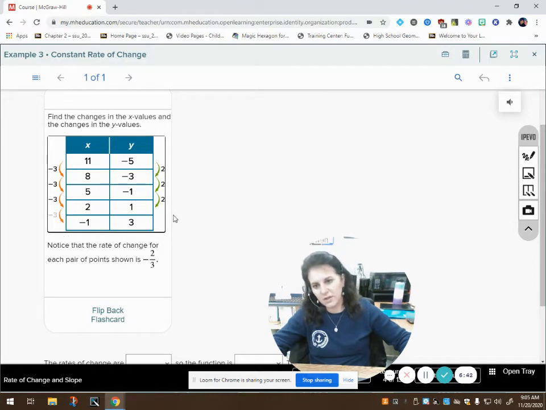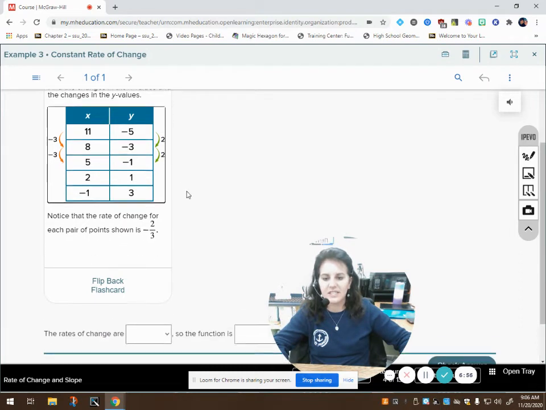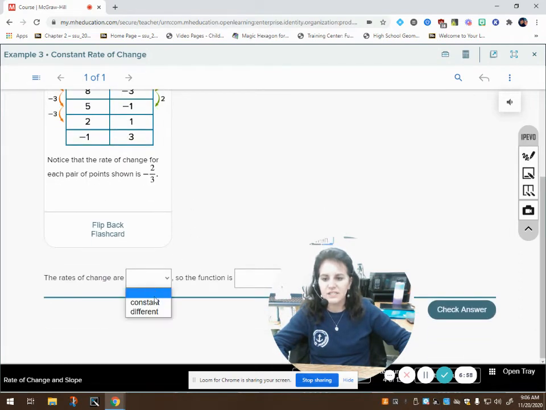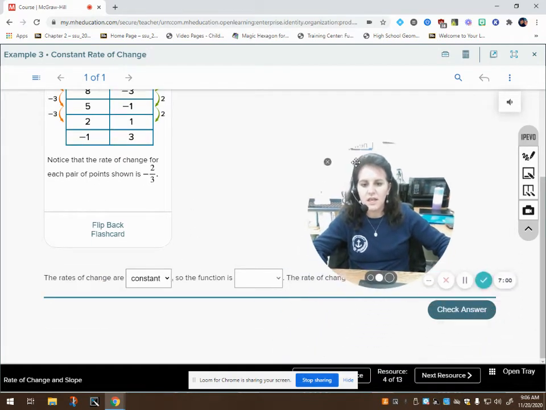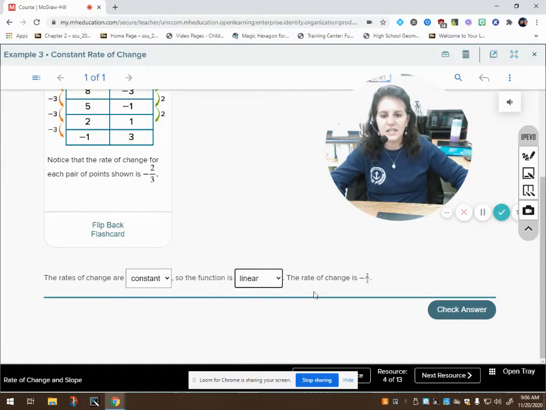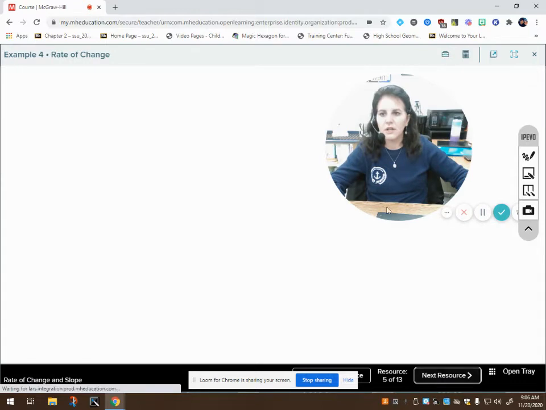X goes down by 3, y goes up by 2. So my rate of change is the change in y, 2, over the change in x, which was negative 3. So my slope is negative 2/3. It is a constant rate of change, so I know that this is a linear function. Since the rate of change is constant, the function is linear, and the rate of change is negative 2/3.